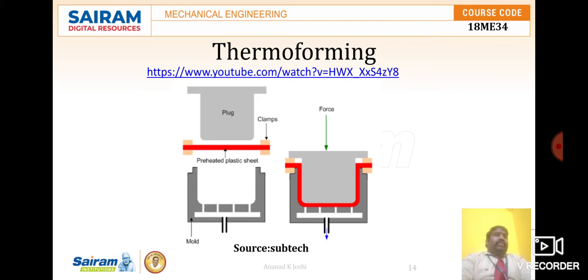It is an improvement over vacuum forming, in that it utilizes both vacuum and compressed air to force the plastic sheet against the die or mold. Vacuum pulls on one side, and compressed air pushes on the other side, causing the sheet to conform to the shape of the die or mold.